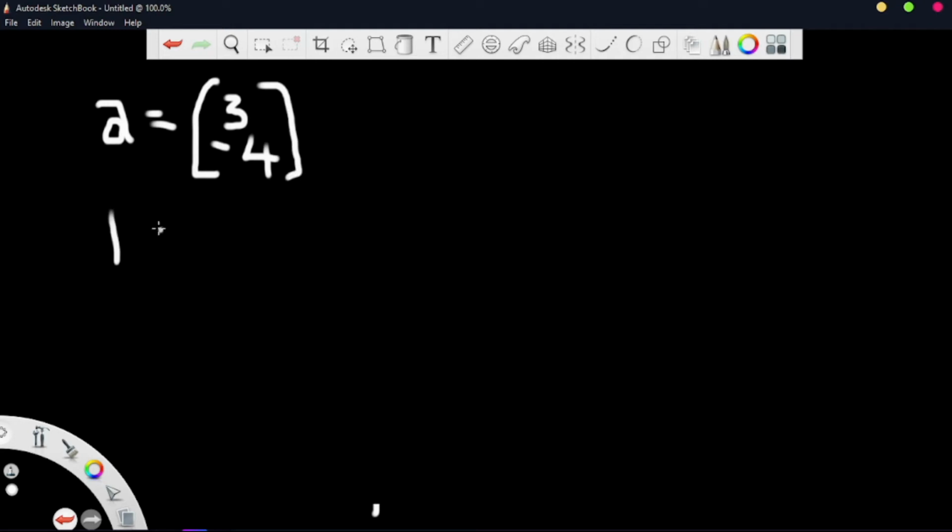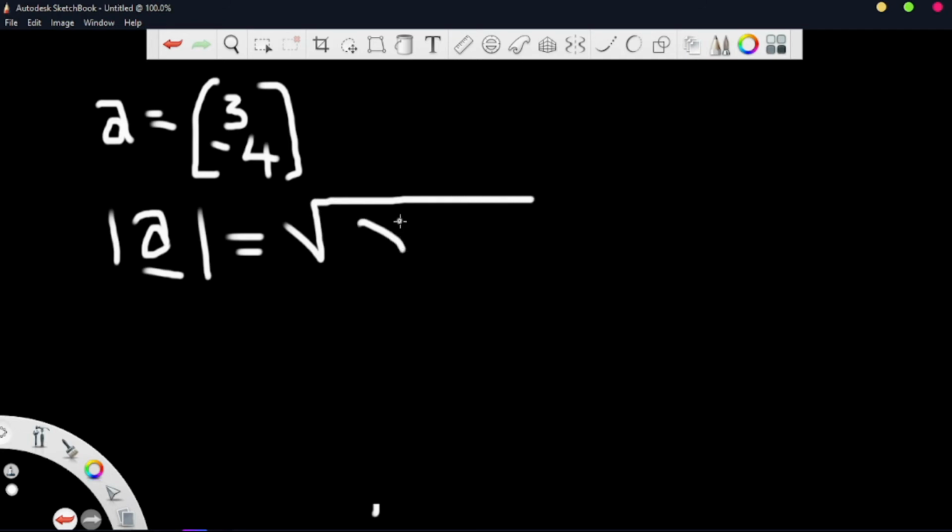So my A magnitude is going to be equal to the square root of x squared plus y squared.